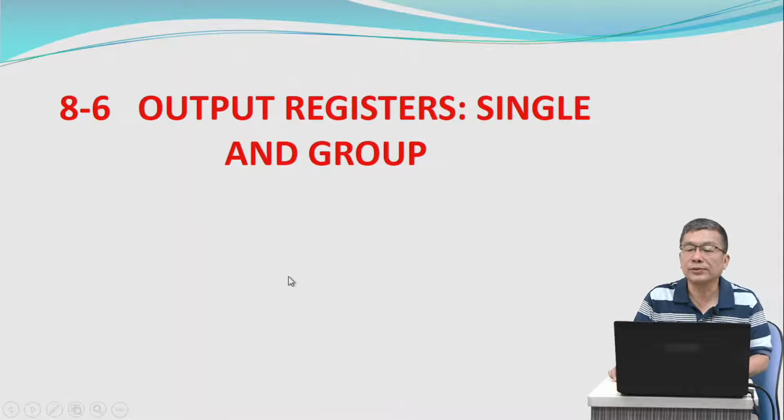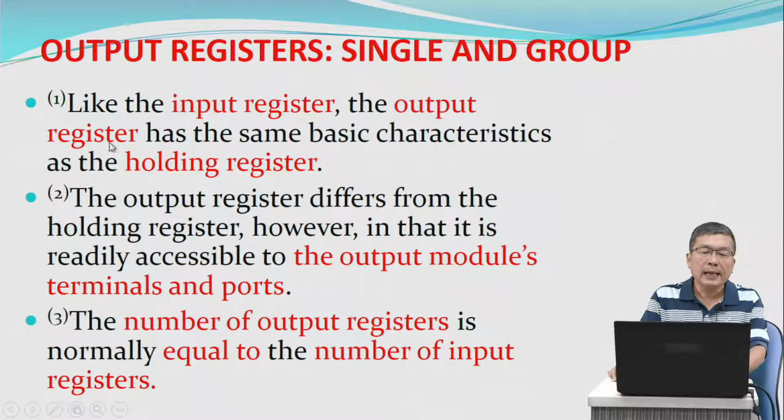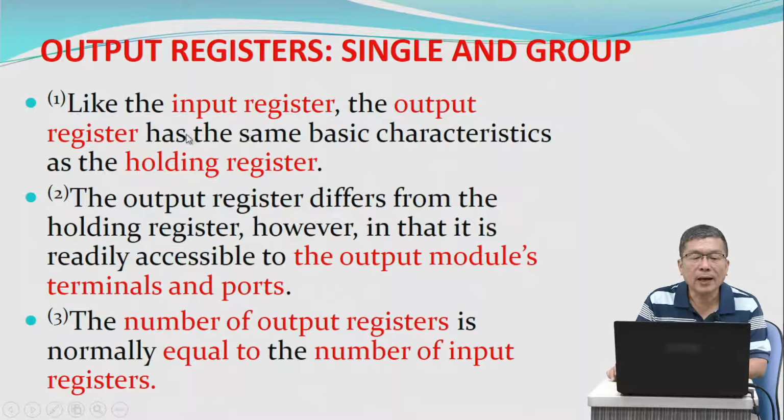Output register, single and a group. The keywords: the output group register, OG, a manner similar. Like the input register, the output register has the same basic characteristics as the holding register.